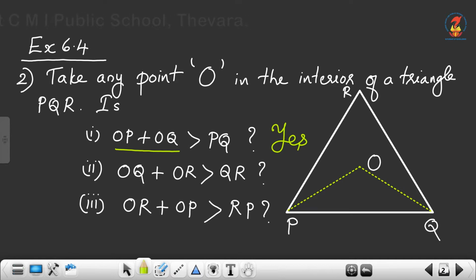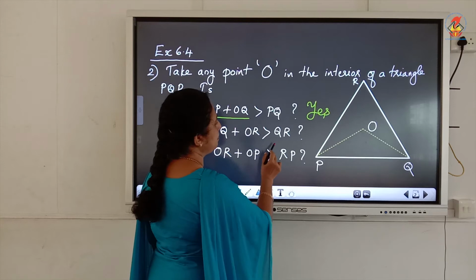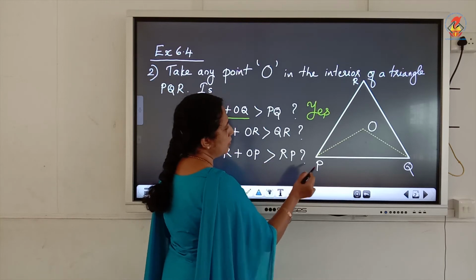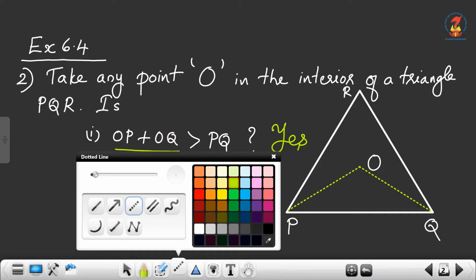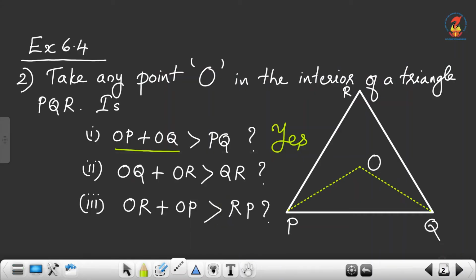Now next one, OQ plus OR is greater than QR. OQ is already there. Where is OR? We have to join O and R. Join O and R. Now you can see the triangle OQR.